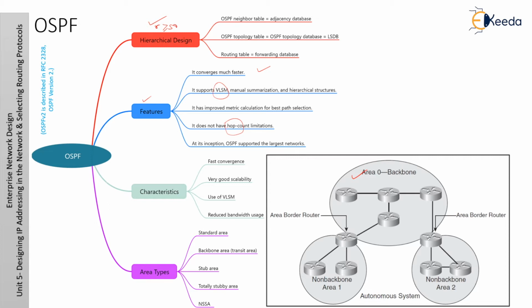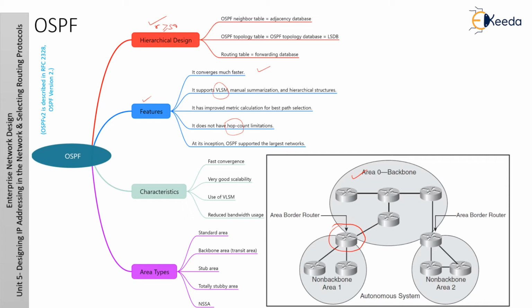Routers that reside on boundaries between the backbone and non-backbone areas are called area border routers. So this is our area border router. Okay, it is between the non-backbone area and the backbone area, and has at least one interface in each area. The boundary between the areas is within the ABR itself.